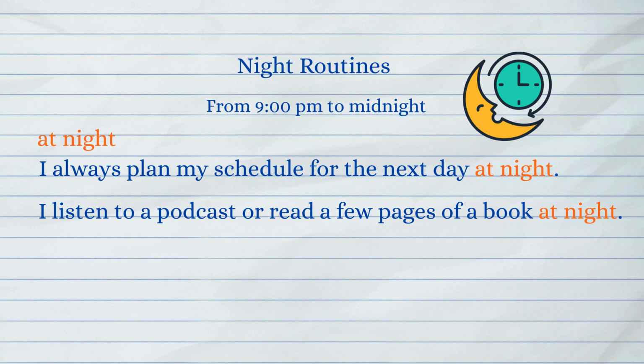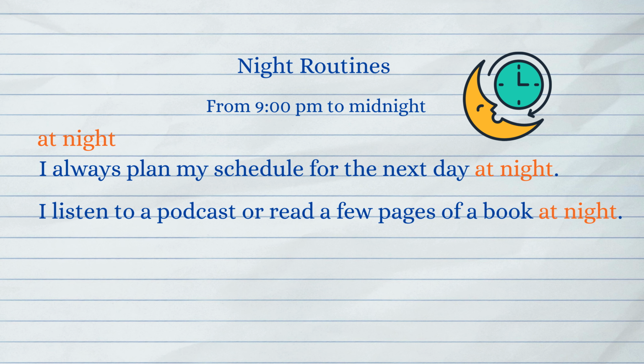Now let's talk about the night. We use at night to talk about the things we do at night. For example, I always plan my schedule for the next day at night.